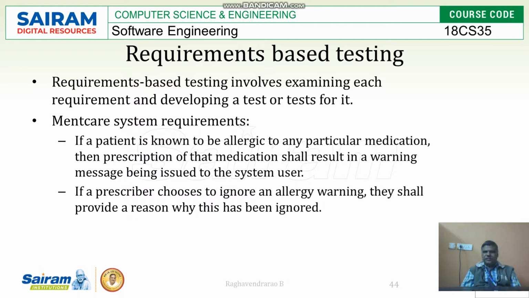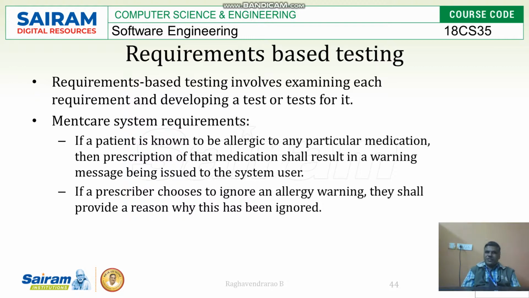One example is given from the Medicare system. An allergy is there for the patient and it has been mentioned in the prescription. Whenever that prescription comes, the warning has to be raised from the system to the user.